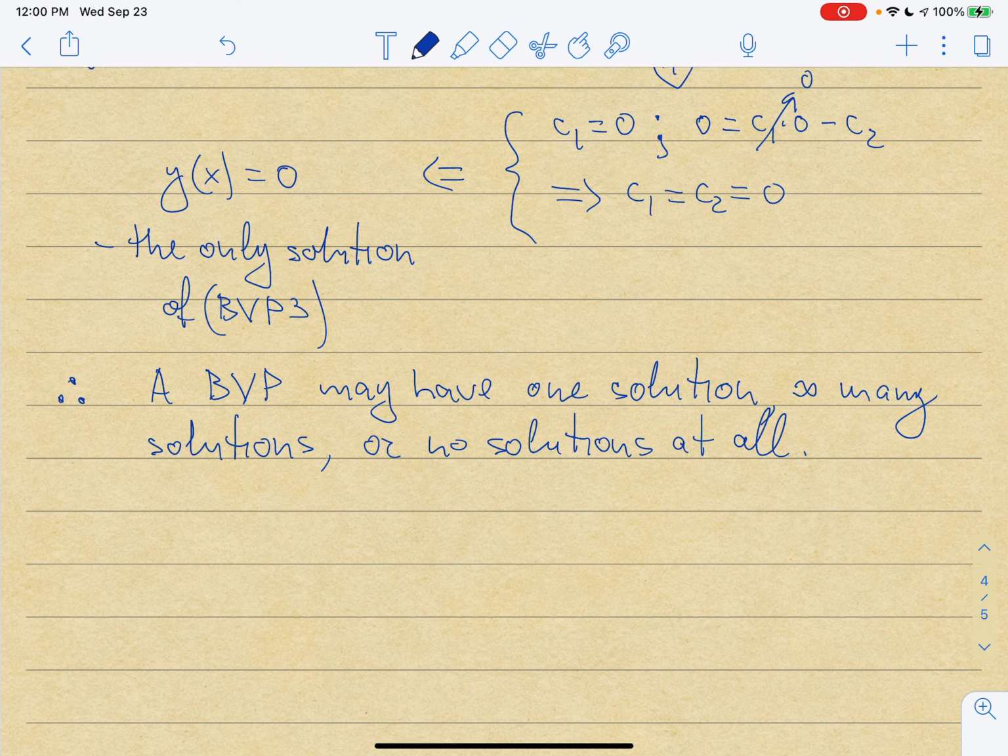And in fact, boundary value problems actually are as important as initial value problems.